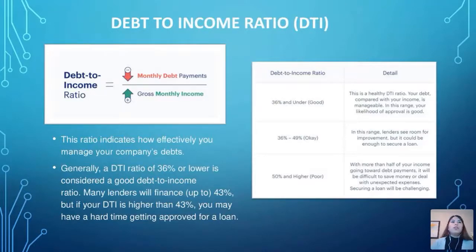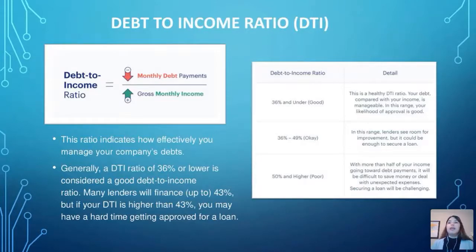Generally, a debt to income ratio of 36% or lower is considered a good debt to income ratio. Many lenders will finance up to 43%, but if your debt to income ratio is higher than 43%, you may have a hard time getting approved for a loan.